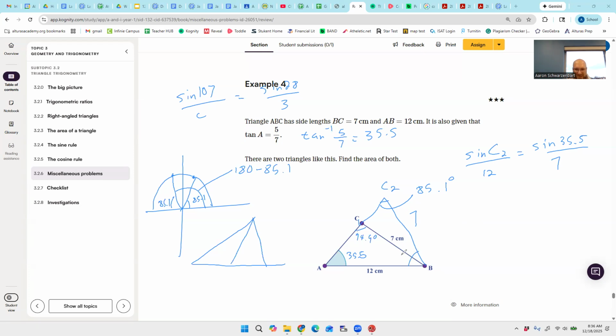So then this angle, B1 and B2. B2 is 180 minus 85.142 minus 35. 59.32.